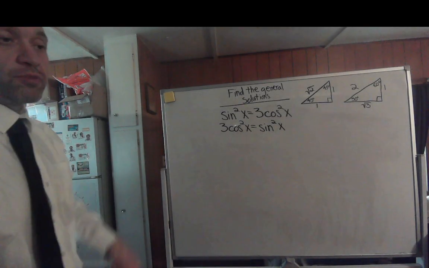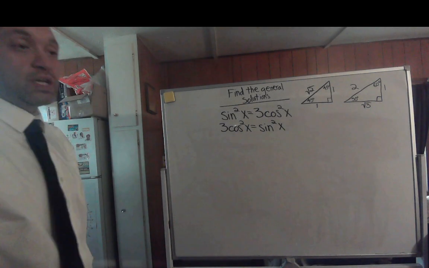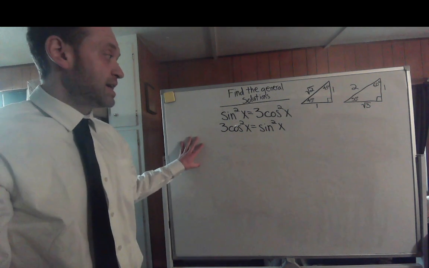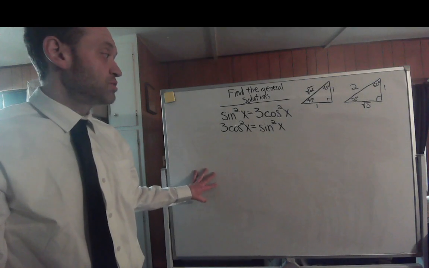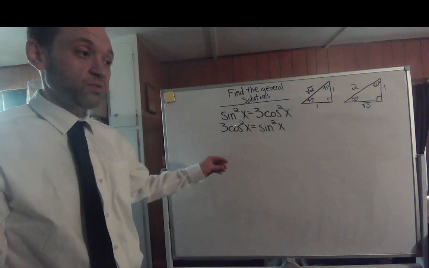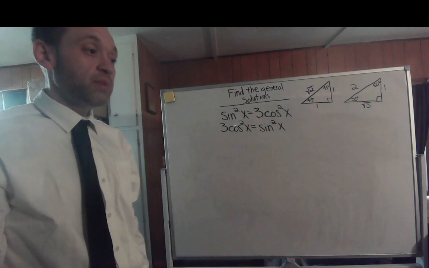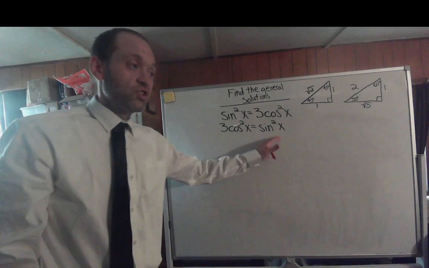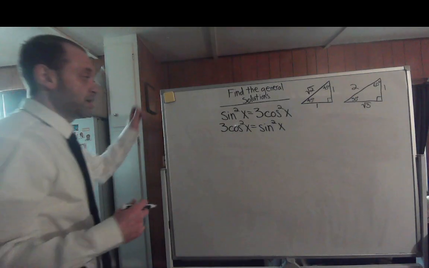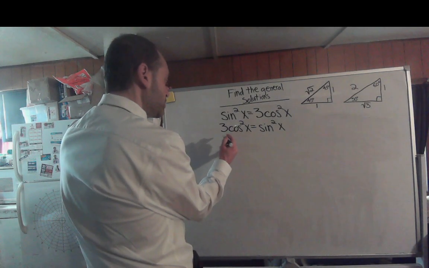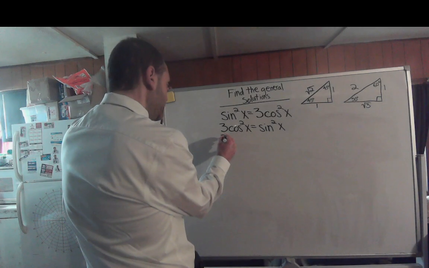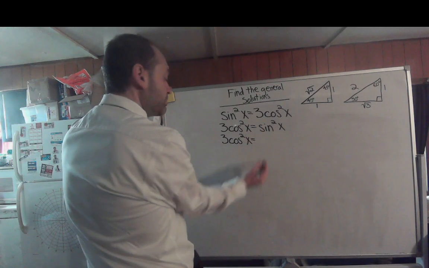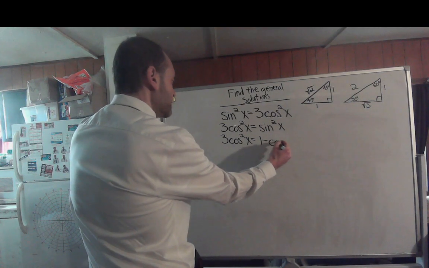Now, take your pick. You can use either Pythagorean identity. You can try to get this down to a sine or just a cosine. As for me, what I'm trying to do is make that sine squared into terms of cosine squared. So this would turn into 3 cosine squared of x equals 1 minus the cosine squared of x.